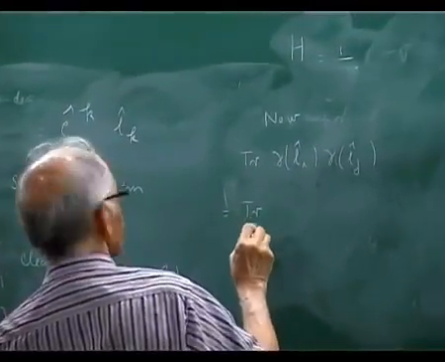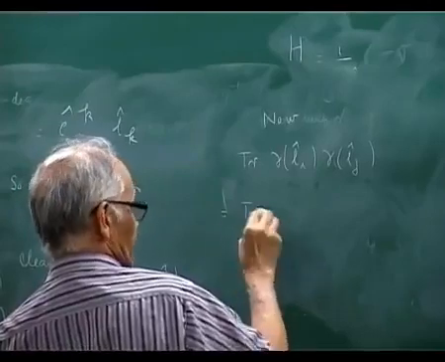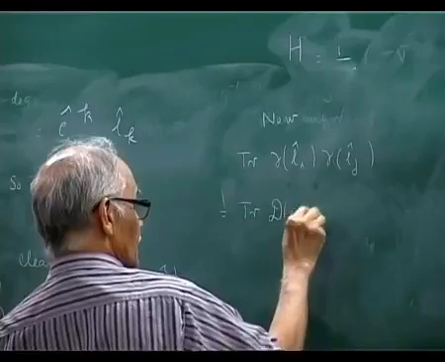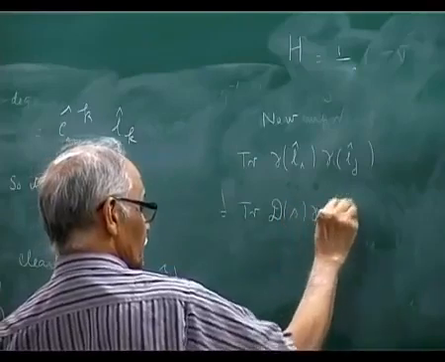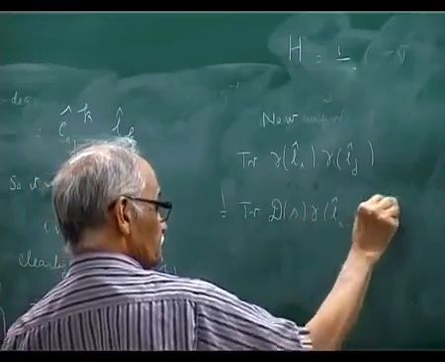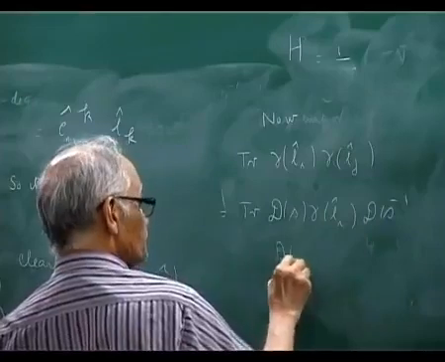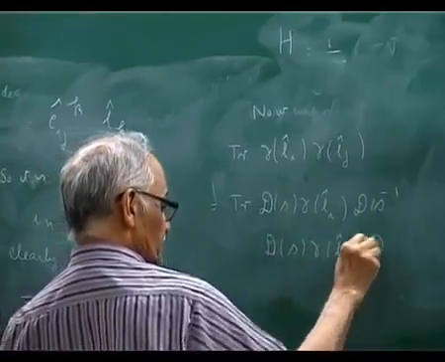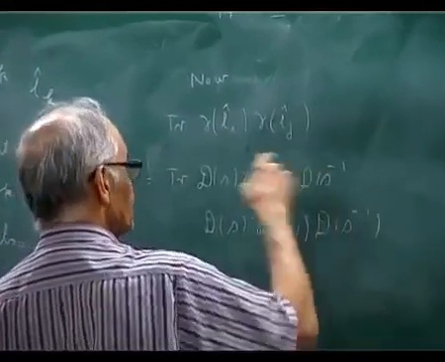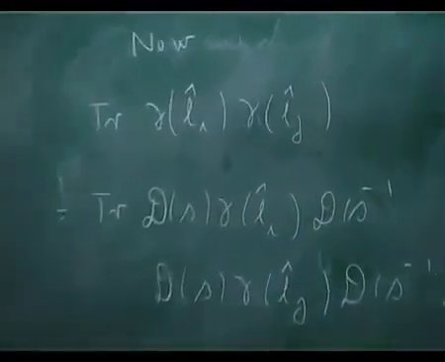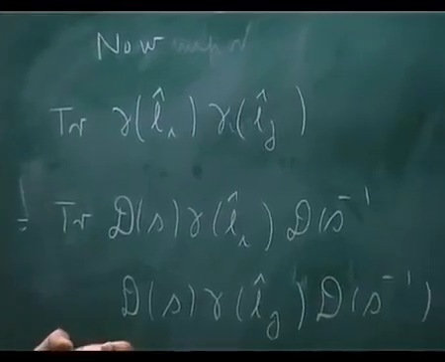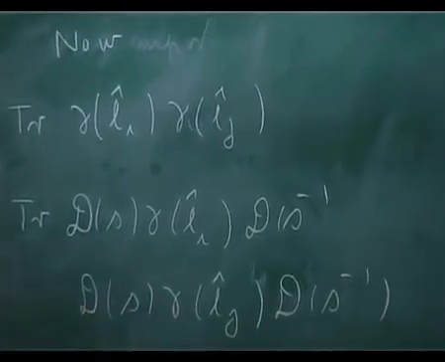Let me call it D(S) gamma L hat i D(S) inverse, D(S) gamma L hat j, D(S) inverse, in some representation. Gamma is some representation, this is the exponentiated representation, and this equation is true.